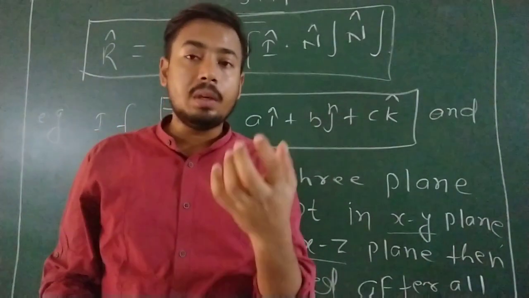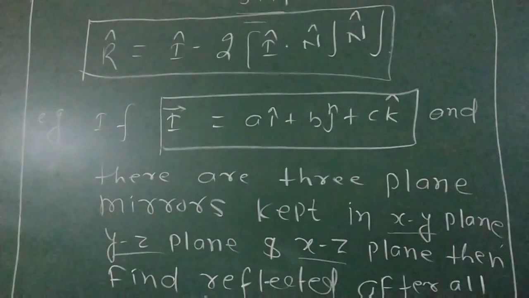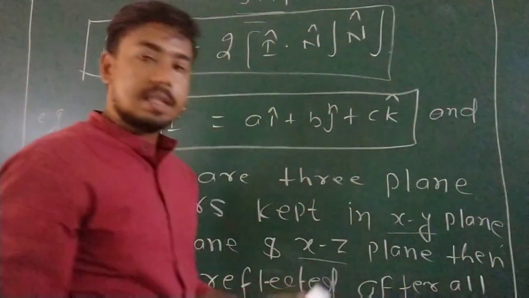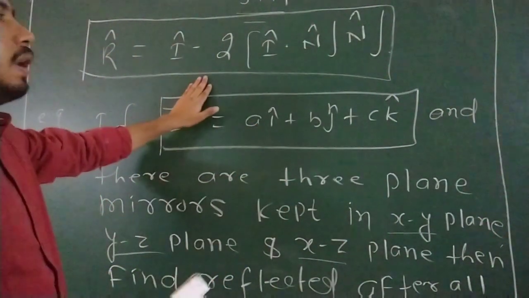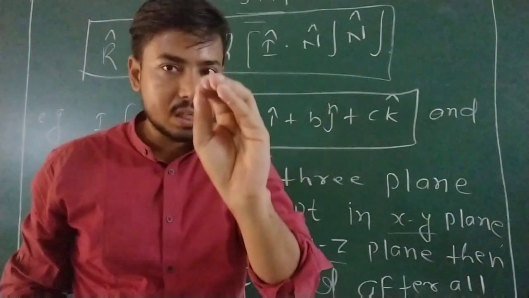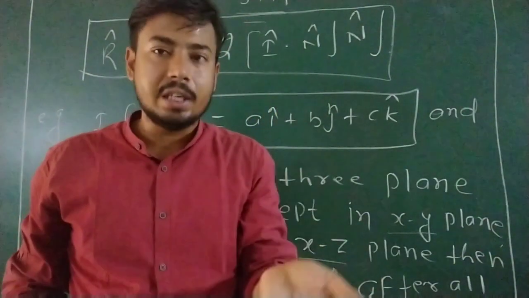We have to find what will be the equation of this final reflected ray. So nothing more, just see this whole solution. This equation we will apply in 3 cases. Suppose first case xy plane, second yz plane, then xz plane, right?